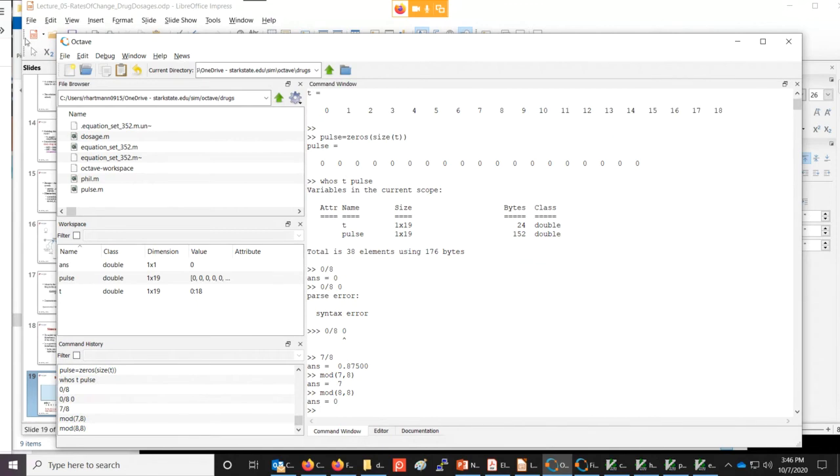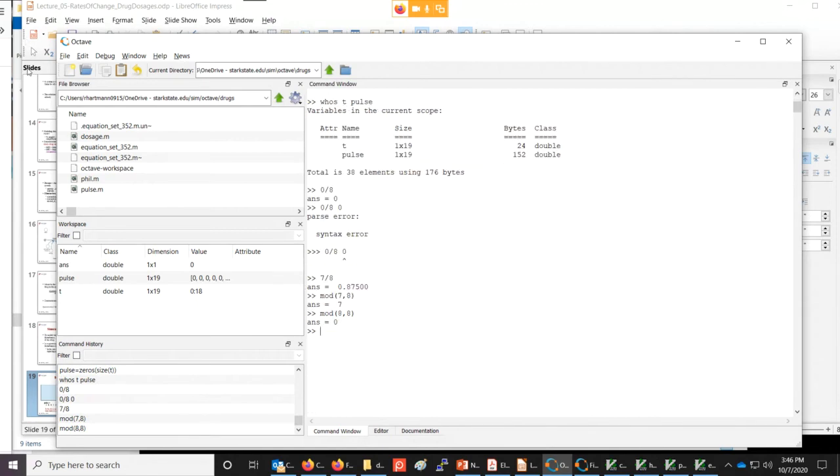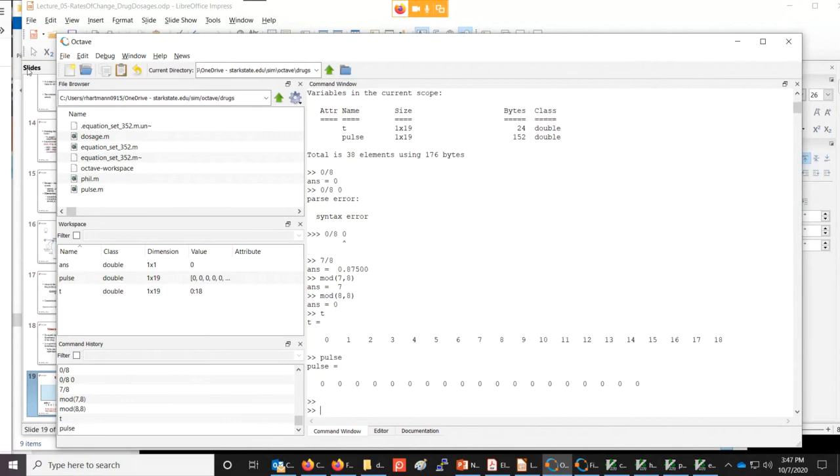So now I'm kind of losing my lines here, so let me just recall. There's t, and here's my pulse, which is all zeros.